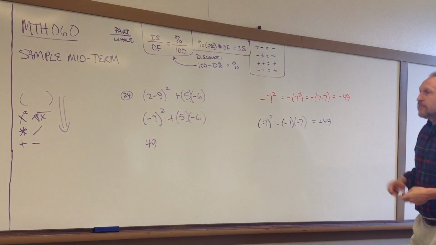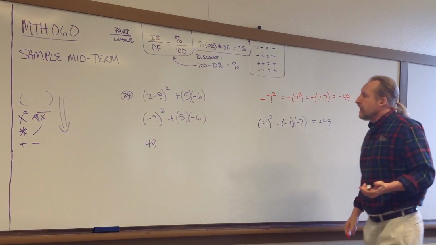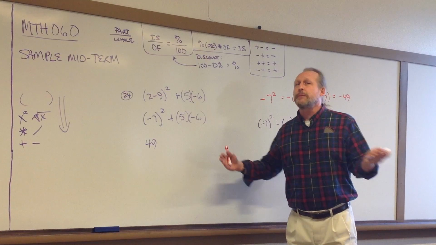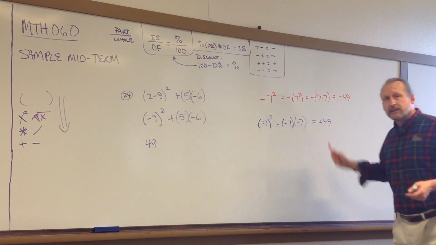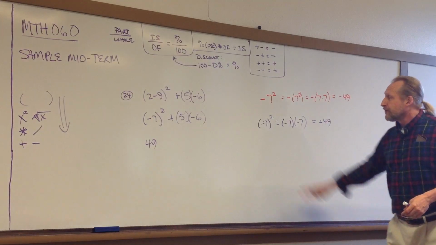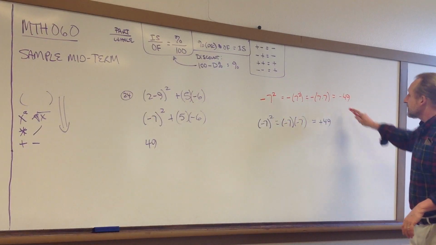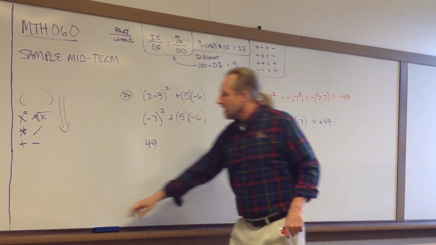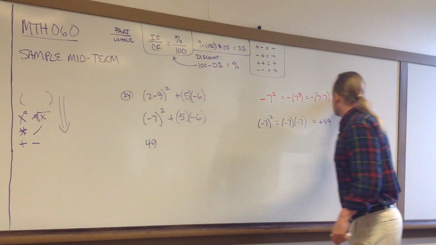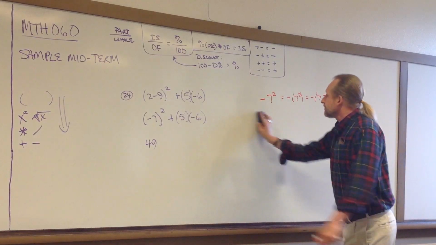One way to avoid this is to know that if you square a positive number, you get a positive number. If you square a negative number, you still get a positive number. So if you're squaring something, in most cases you're going to get a positive number, and that should be an indication to watch out. Don't make this mistake.